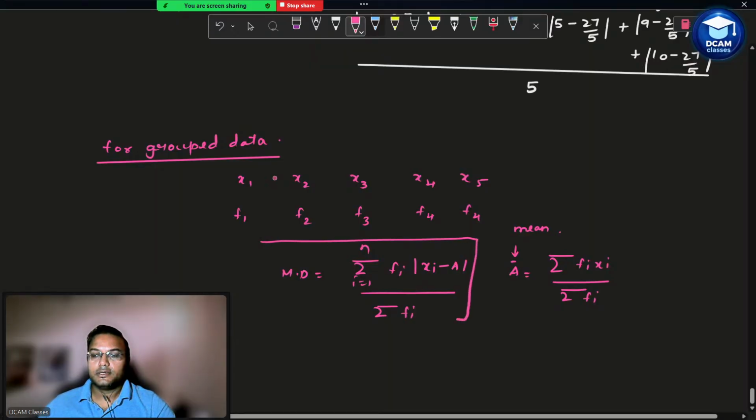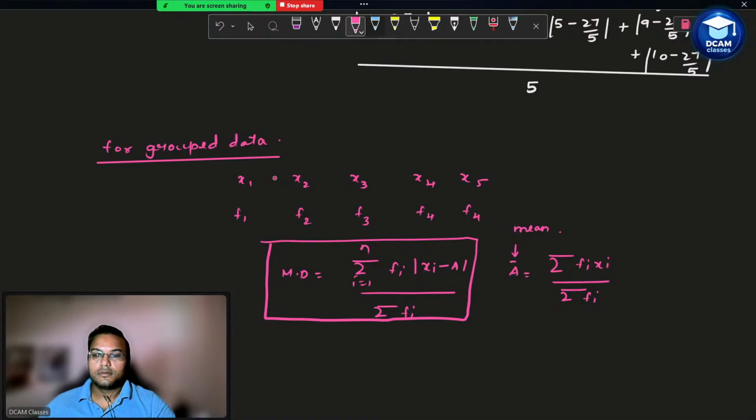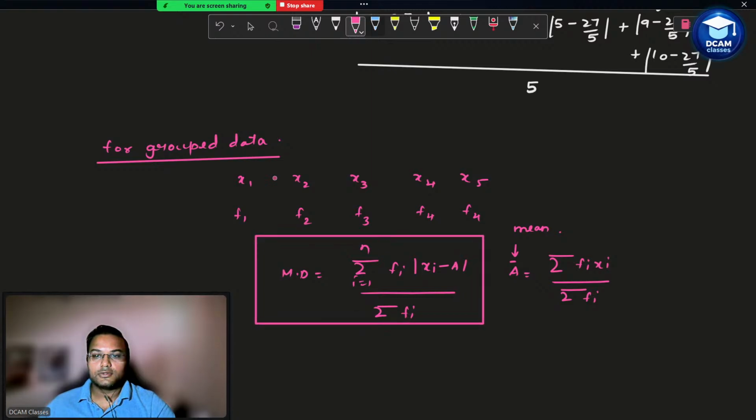Actually, today it's not smooth because the current is not coming. It's on inverter supply.